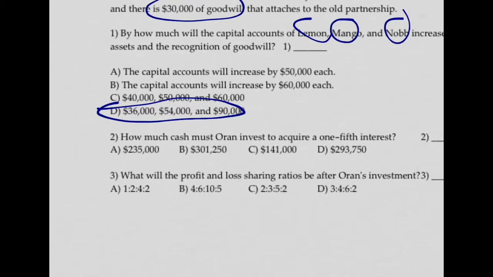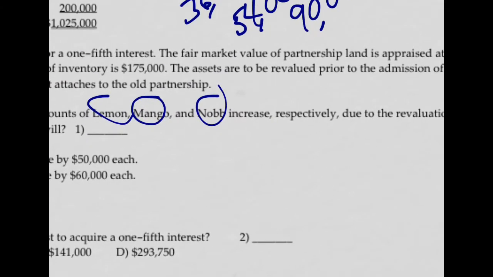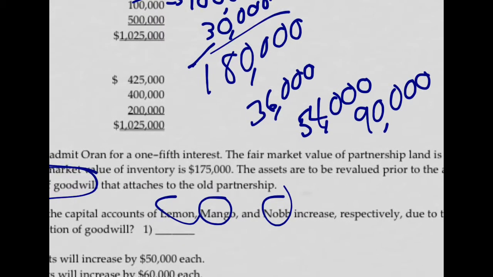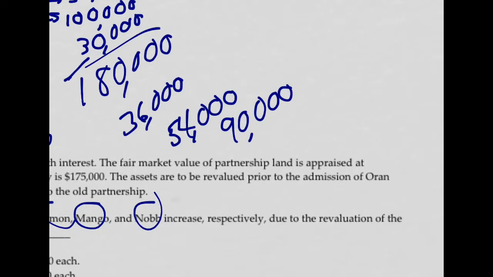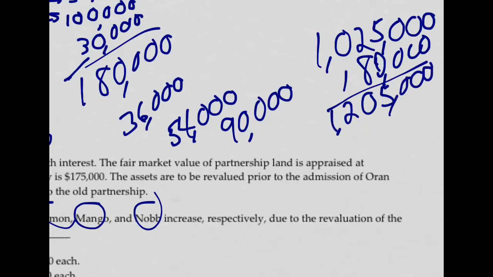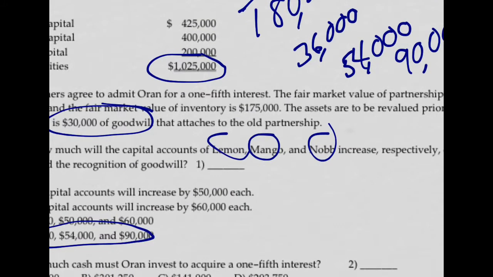How much cash must Oren invest to acquire a 1/5 interest? So the book up puts us at a total value of this plus 180. So let's see what that is. 1025 plus the 180. The book up will give us our capital accounts, $1205.